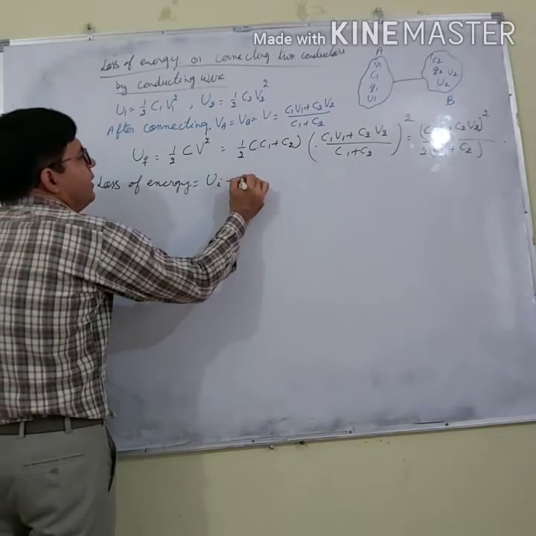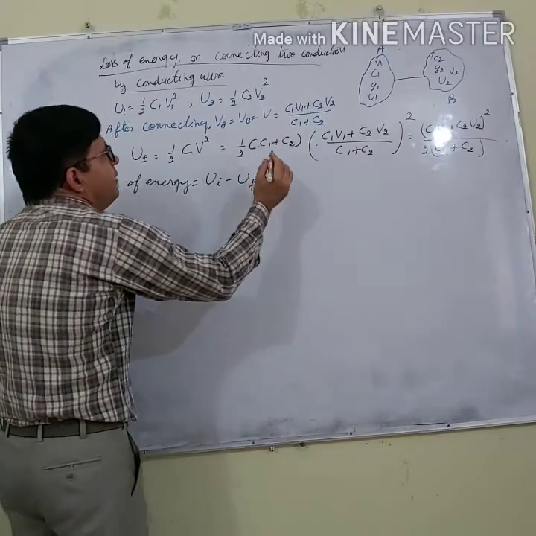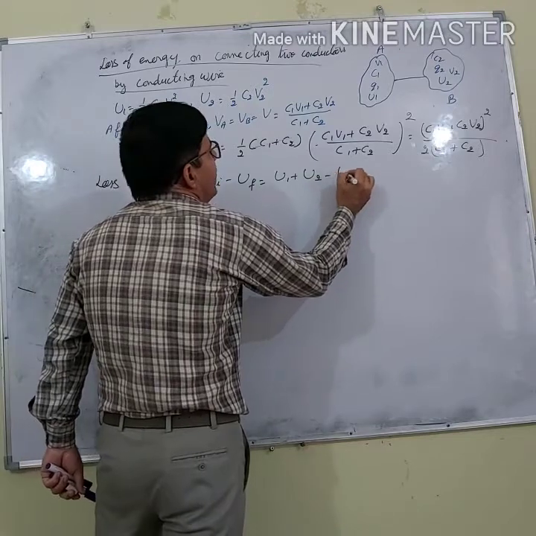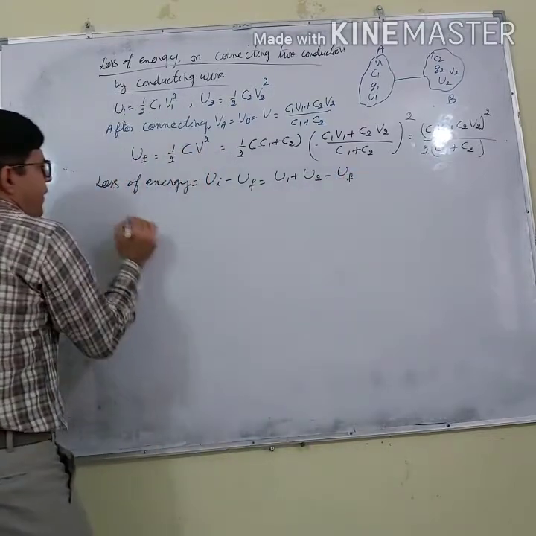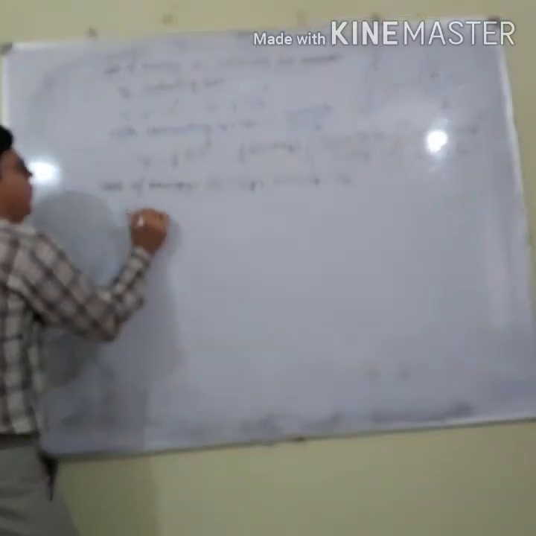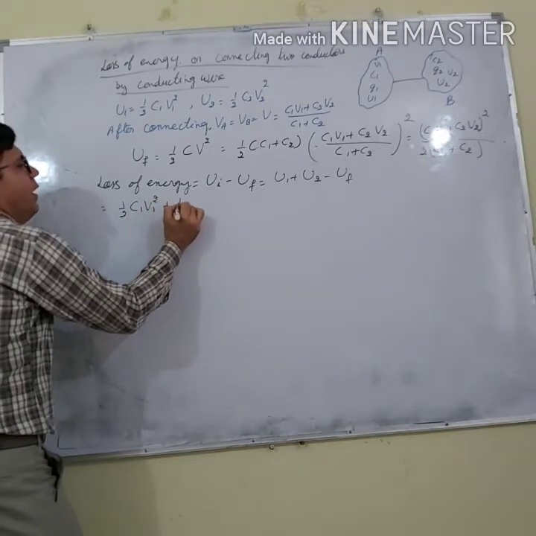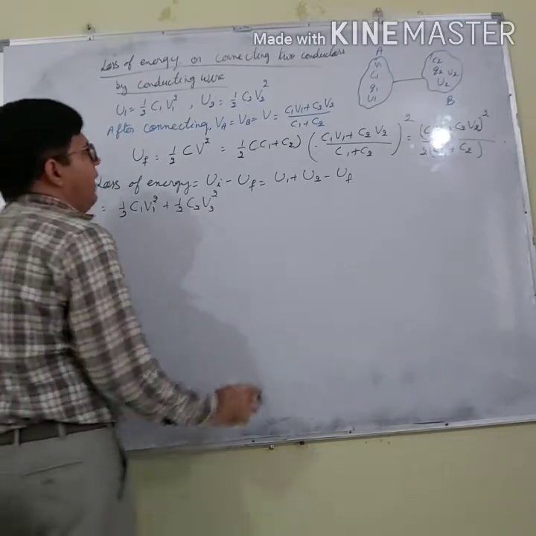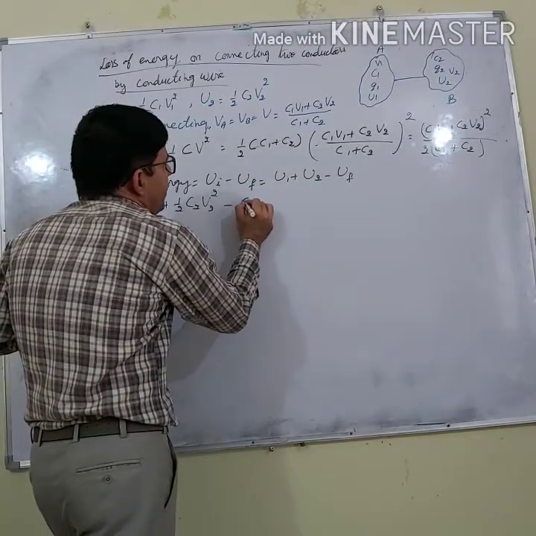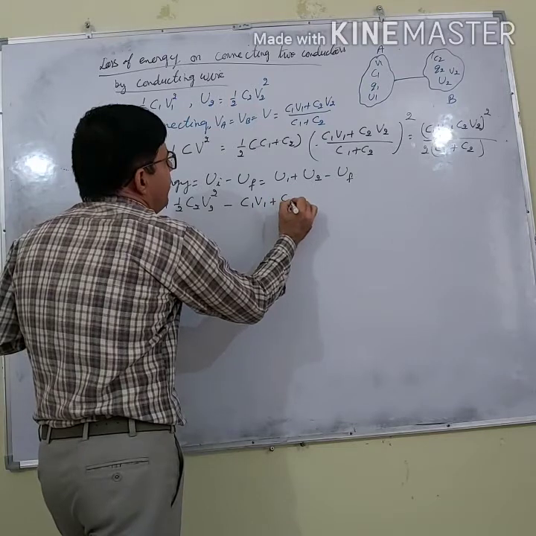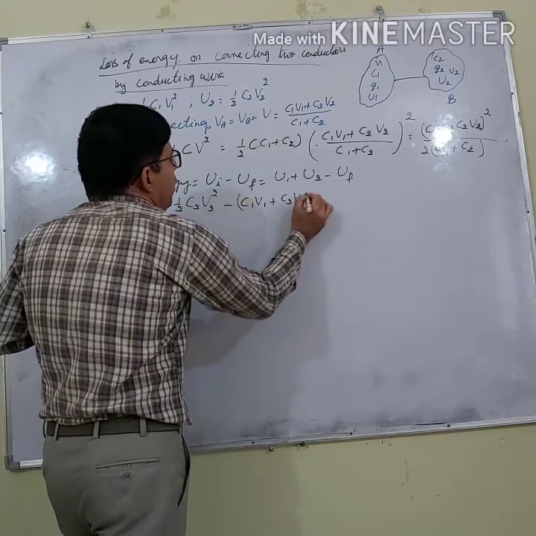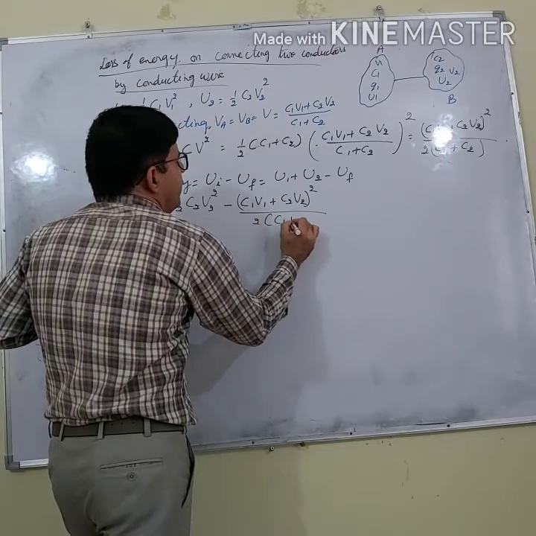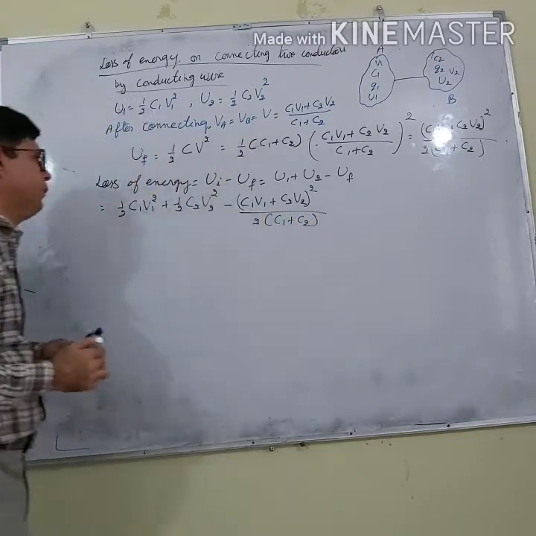Loss of energy means initial energy minus final energy. What is the initial energy? U1 plus U2. What is the final energy? UF. U1 is half C1 V1 square, plus half C2 V2 square, minus UF, which is (C1 V1 plus C2 V2) square divided by twice of (C1 plus C2).